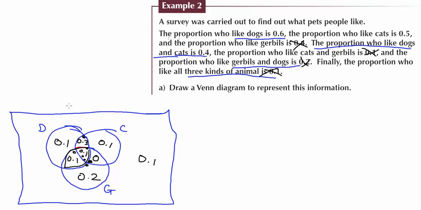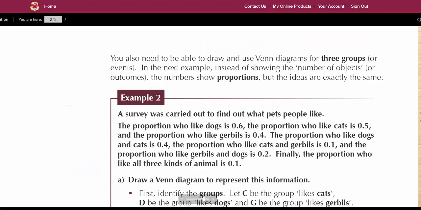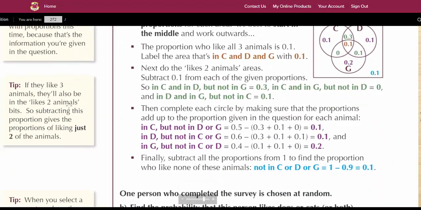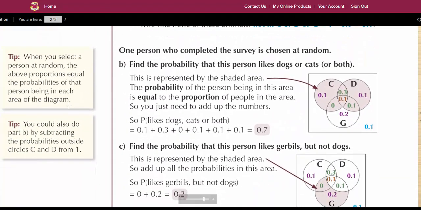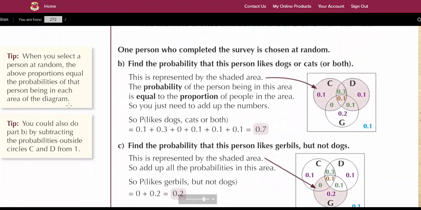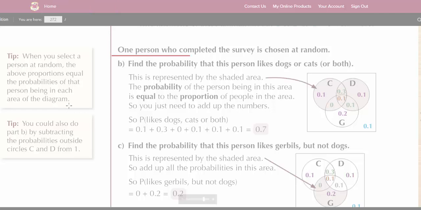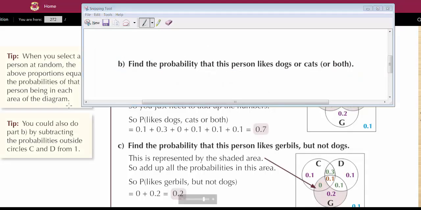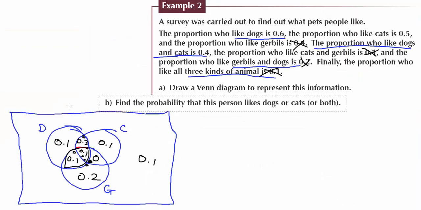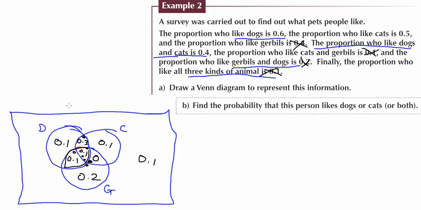Let's now look at how we find probabilities from it. Find the probability that the person likes dogs or cats or both.